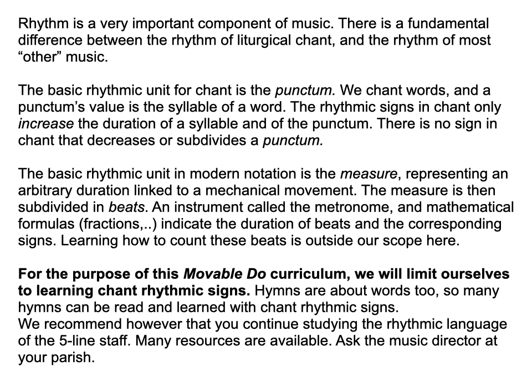Measure, beat, beat, beat, measure, beat, beat, beat. This is a 4/4 measure at a tempo of 82, which is what an instrument called the metronome gives us. So the 4/4 is a mathematical formula, and it indicates the duration of beats and the corresponding signs.